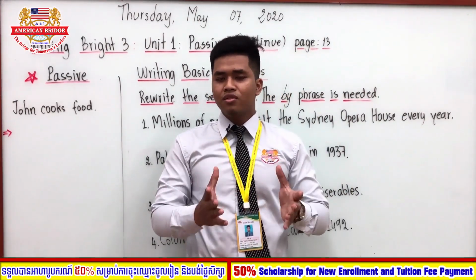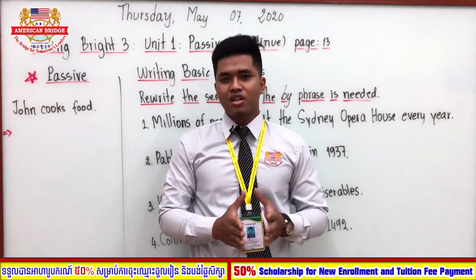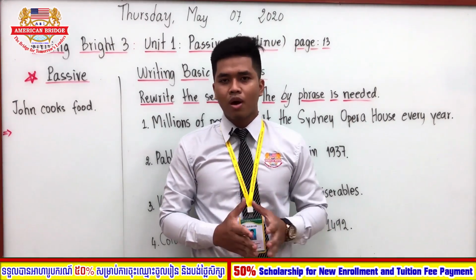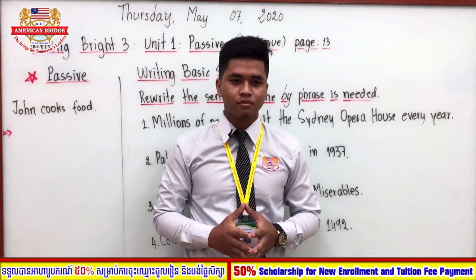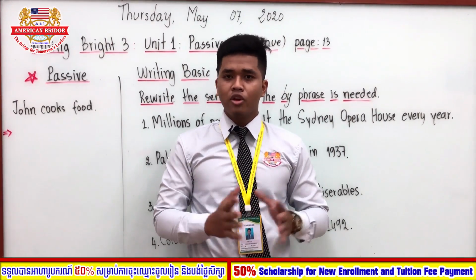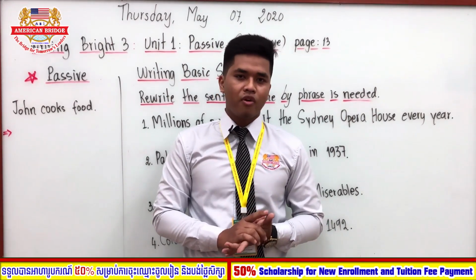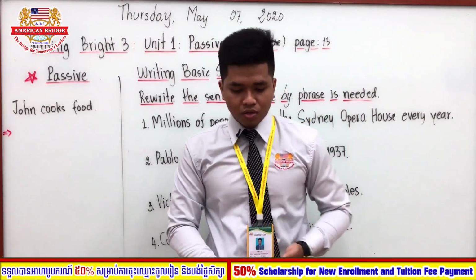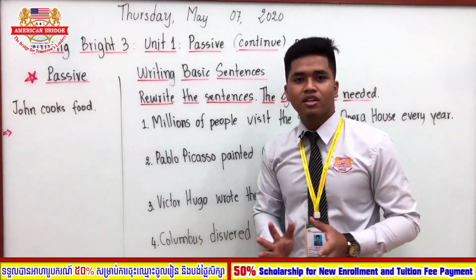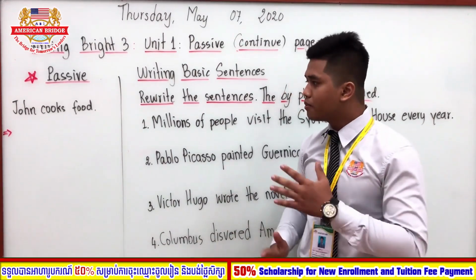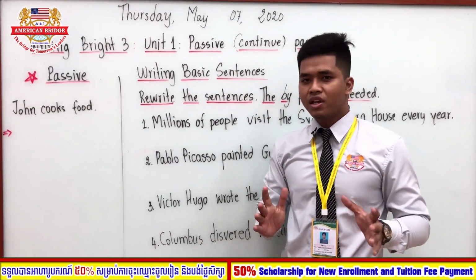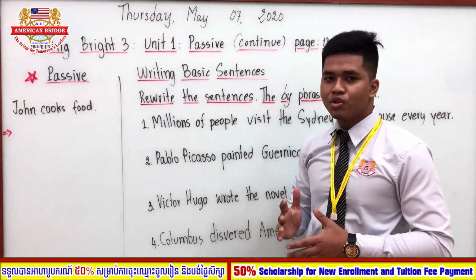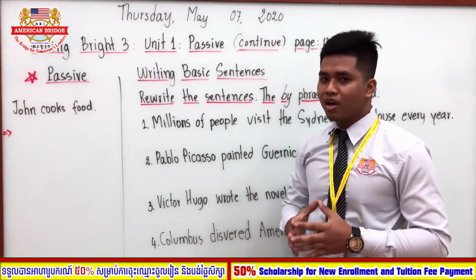So class, do you remember what is the structure that we study from our unit 1? Very good. The structure that we study from our unit 1 is passive. So today's lesson we will continue to look at the passive structure again, but the main focus for today's lesson is some practice for you to apply what you have learned.